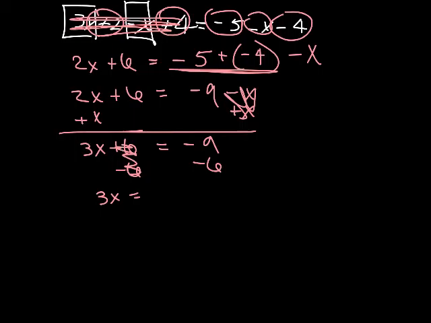Negative 9 minus 6, or plus negative 6, is negative 15. Now I'm going to divide by 3, my last step, get rid of that, and x equals negative 15 over 3, or negative 5. And that's what I get for an answer for number 26-3.